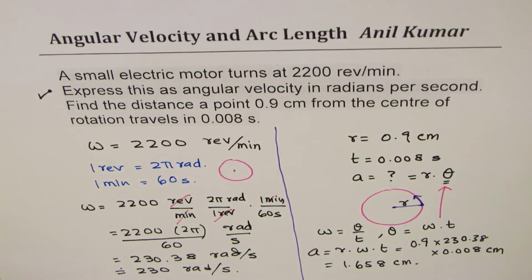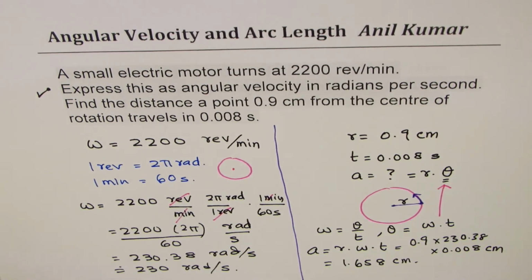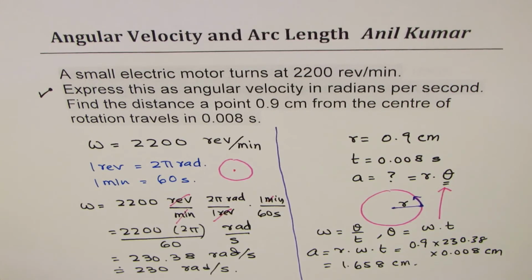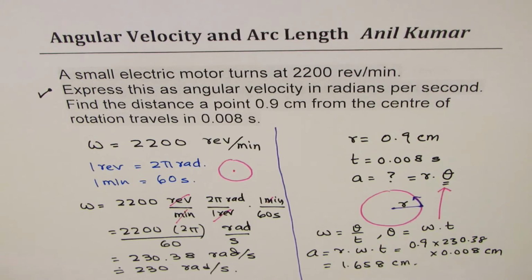But anyway, you have understood how to find the distance moved by the tip of a blade in this case, which could be on an electric motor running. So here, conversion of units from revolutions to radians per second, and then how arc length is related with radius, angular velocity, and time. Just multiply all three of them, right?